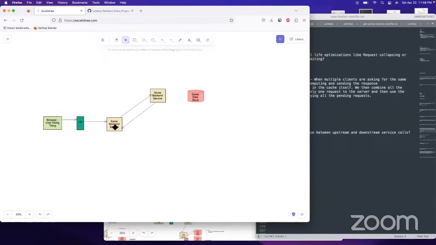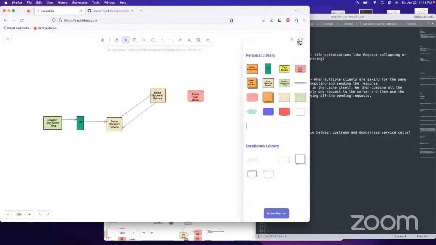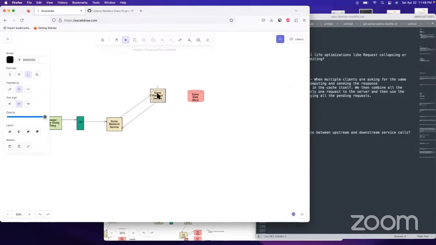But if you're going to write some data, if you pass data to that data store instead, then I think they would become downstream. So you're fetching data, so you are downstream from them, because it's a read. You want to read data from them.